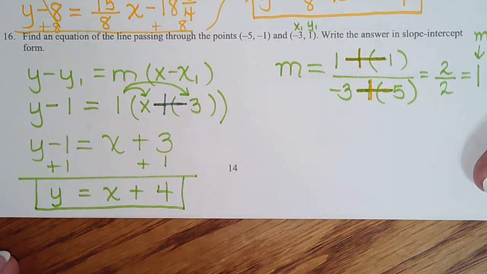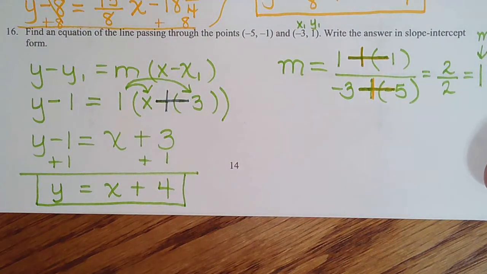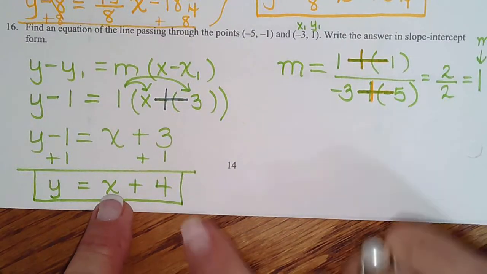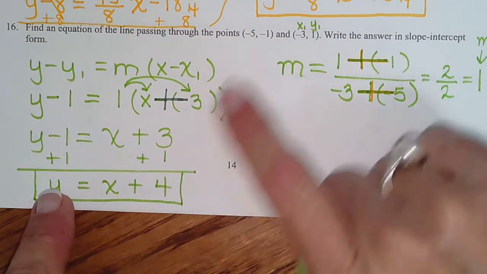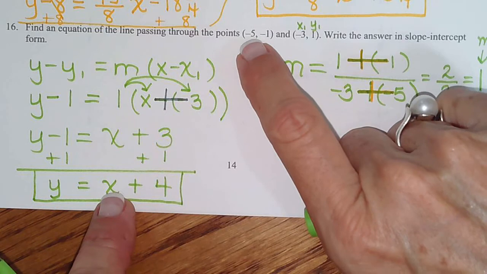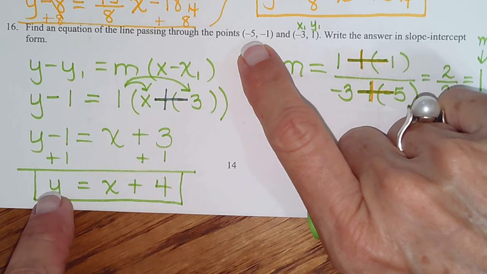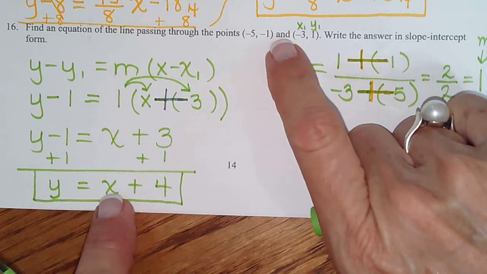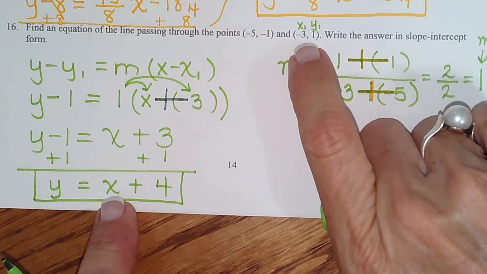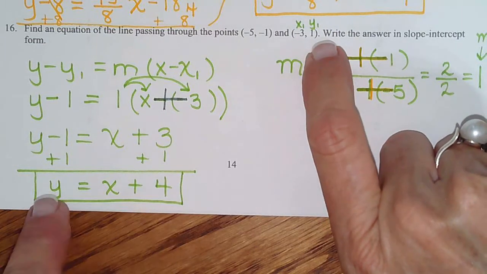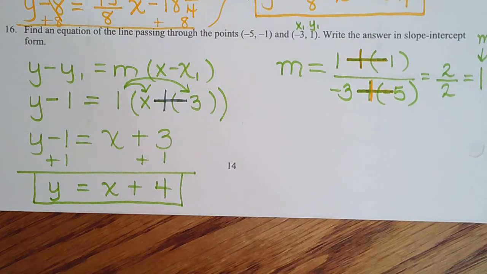And what I do when I'm taking a test and I have a problem like this is I just plug in and make sure when I plug in this x and add these, I get the y. So plug in negative 5. Negative 5 plus 4 is negative 1. Is y negative 1? Yes. And then plug it in here. Plug x in, it's negative 3. Negative 3 plus 4 is 1. Is y 1? Yes. So you can plug both points in and make sure you get a true statement.